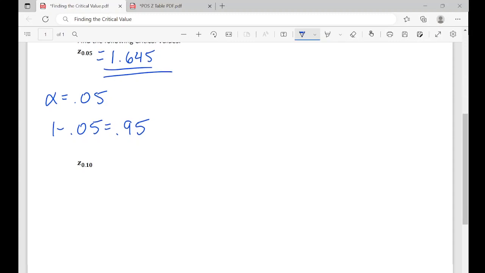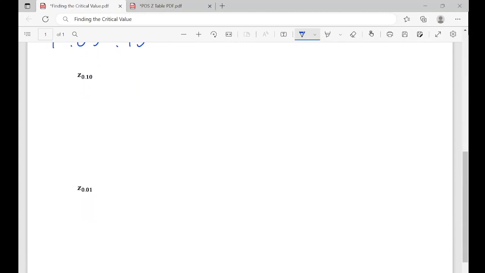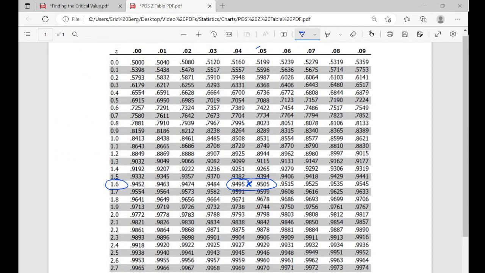So let's find the critical value for z sub 0.10. Again, alpha is 0.10. That's the area to the right, but we need the area to the left, so 1 minus 0.10 to get 0.90. We're going to go into our table and find the closest to 0.90. So we're back here, just get rid of what we've done before.